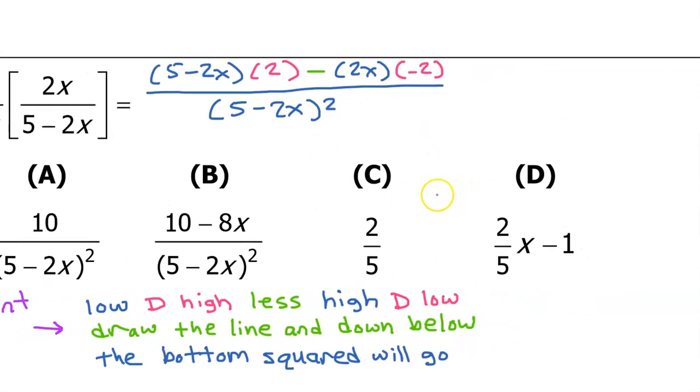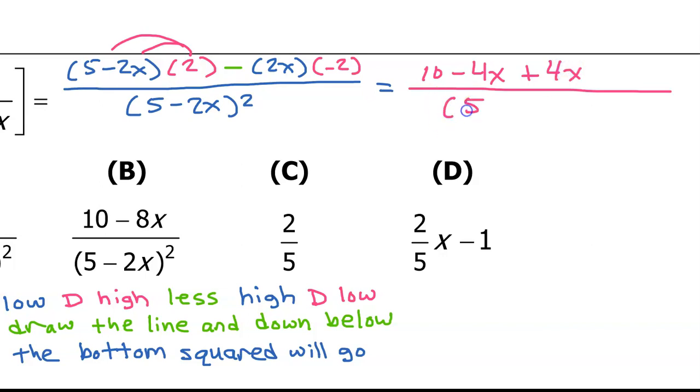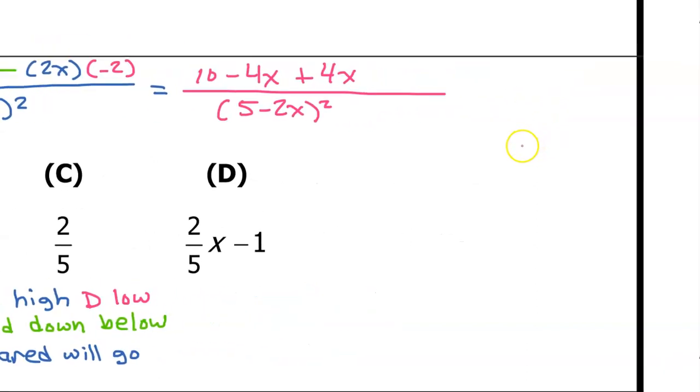So let's just simplify this as far as we can and see what we get. Distributing the 2, we're going to have 10 minus 4x. And here we have a negative times a negative, so this will be plus 4x. And we tend to just leave the denominator squared alone.